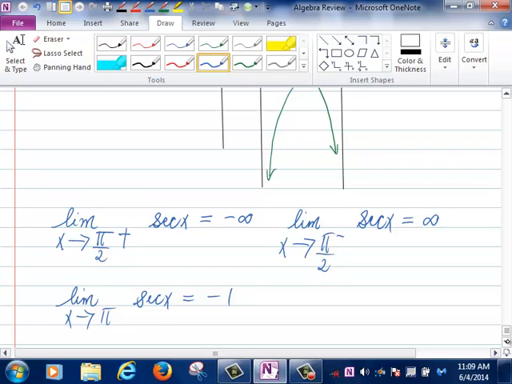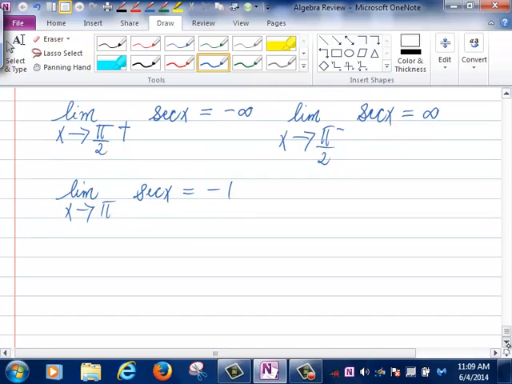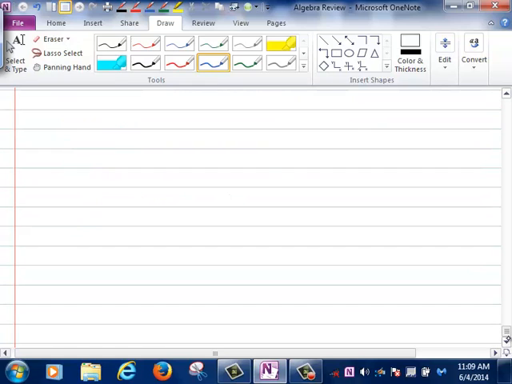It's going to make your life easier if you just remember these graphs, instead of trying to come up with them. You guys feel like you need a break right now? Okay, let me finish the tangent and then I'll give you 5 minutes, okay?